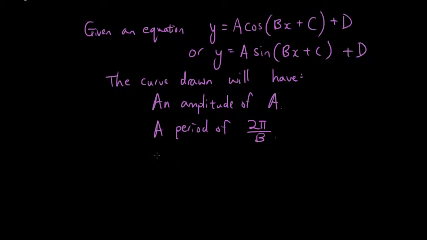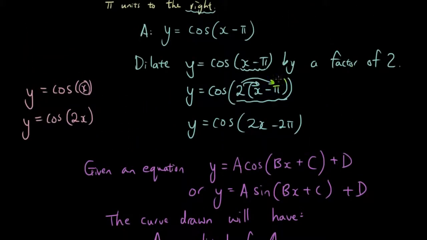Alright, a horizontal translation of c over b. And the reason why it's not just c is I have already shown you guys over here, right?